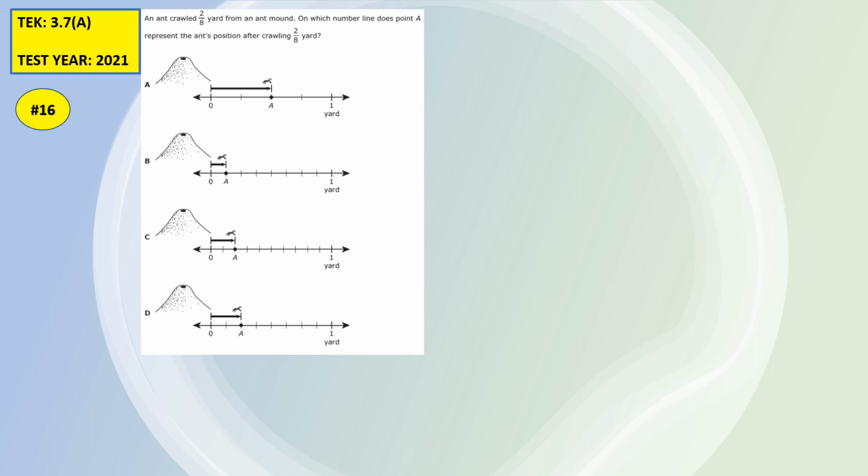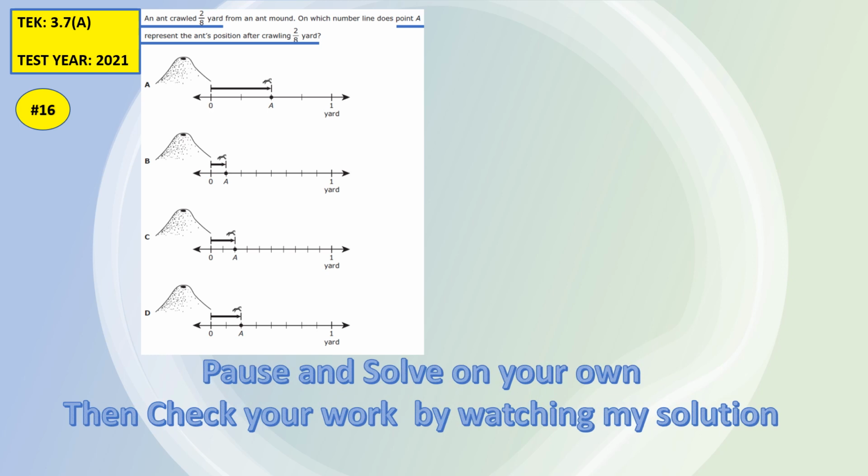Okay, well, let's take a look. Underlined are all the things that you need to remember. He crawled 2/8 of a yard away from the mound. And on which number line does point A represent the ant's position after he crawled those 2/8 of a yard? Go ahead, pause your video and solve on your own. Then check your work by watching my solution.